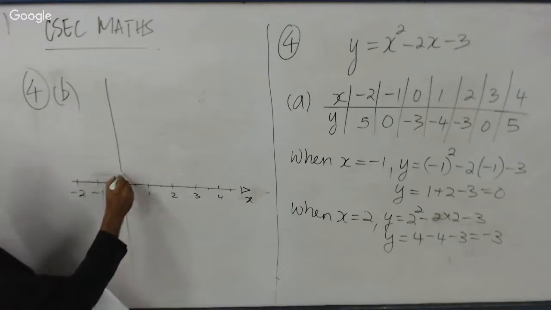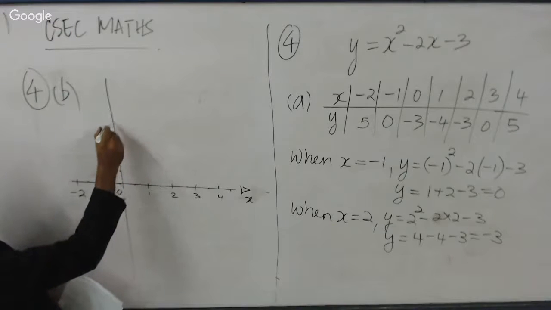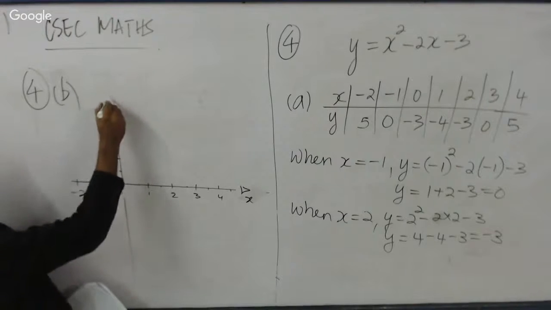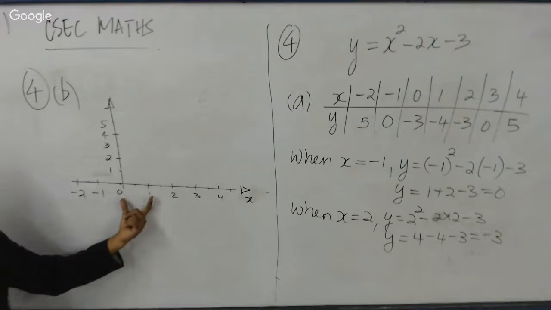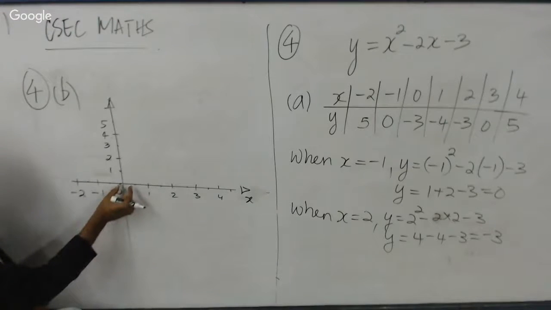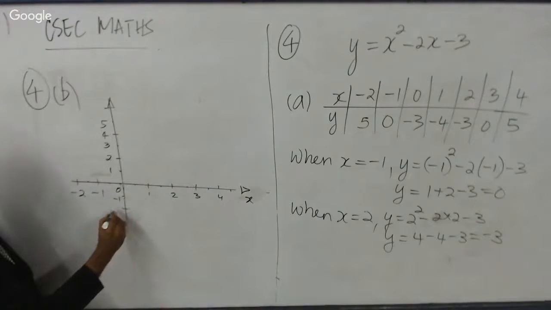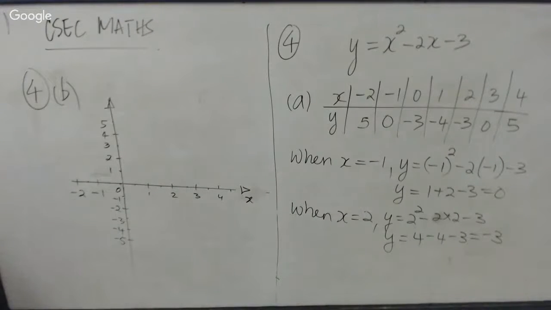Vertically, using 1 centimeter to 1 unit, this will be 1, 2, 3, 4, 5, and downward -1, -2, -3, -4, -5. The scale vertically is different: this is 2 centimeters to 1 unit, and I'm using this as 1 centimeter. Make sure you get the scale.